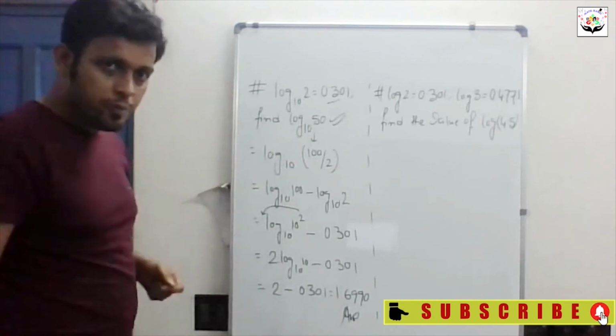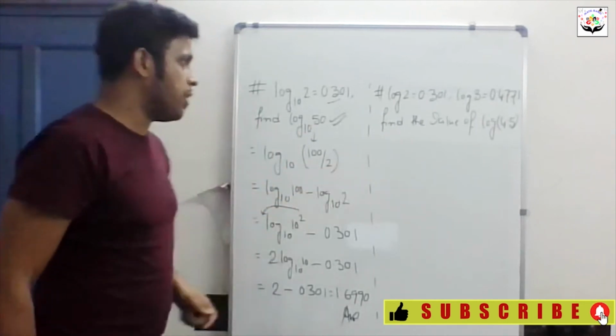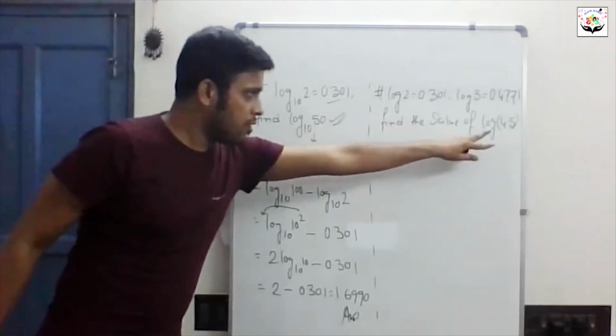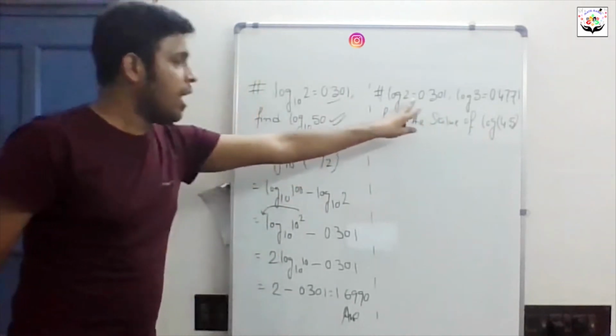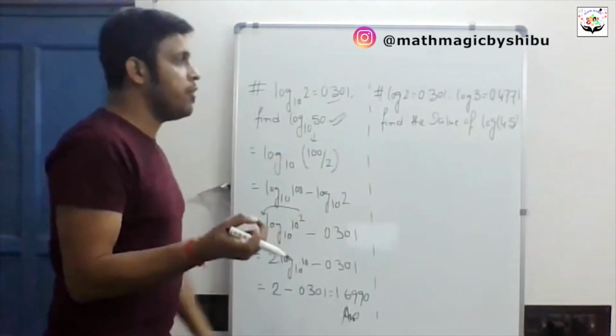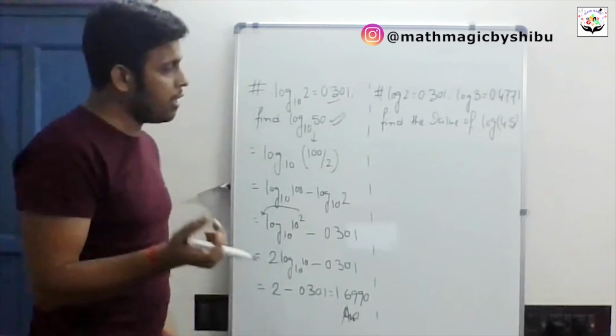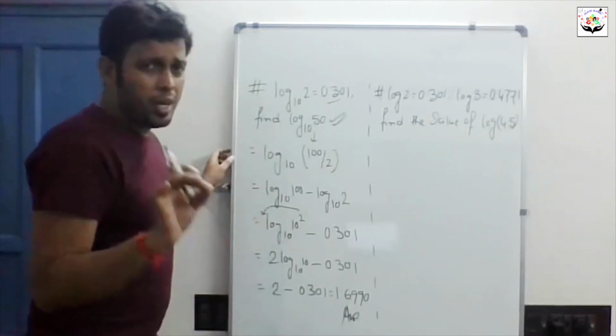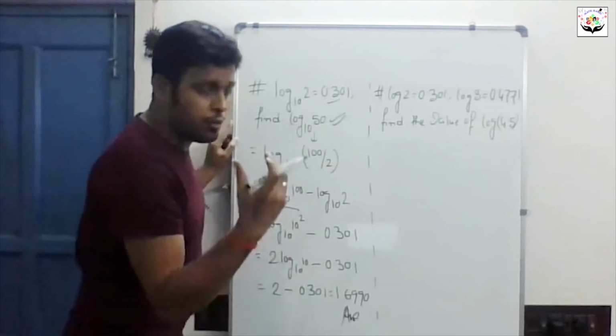Now we will be solving this part. Similarly, here we need to find log 4.5 and we do not have any base over here, so by default the base will be 10. We do not need to add any kind of base over here. I'm just telling you guys.